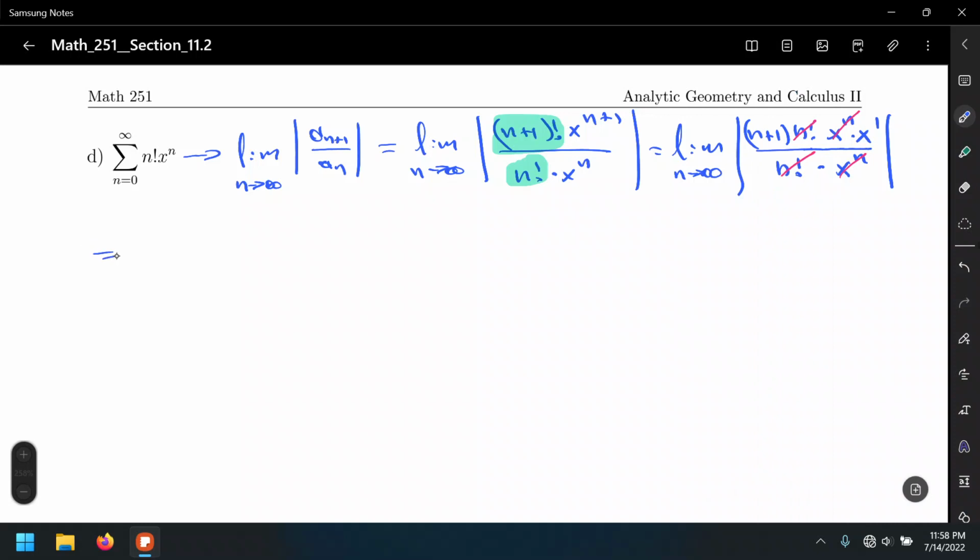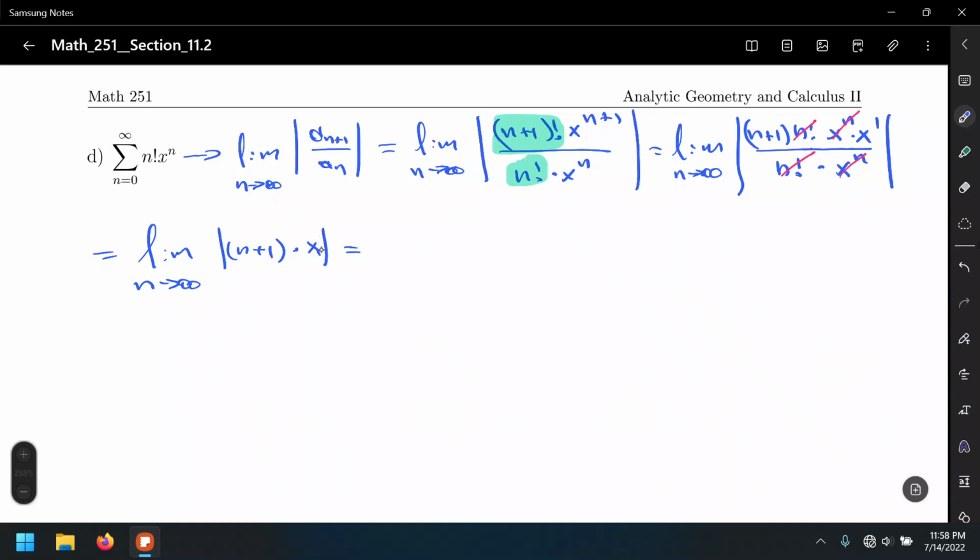So this will be the limit as n approaches infinity of, in this case, we're going to be left with n plus 1 times x. Alright, just recall what we did with the previous examples, we're dealing with a limit in terms of n, not in terms of x.